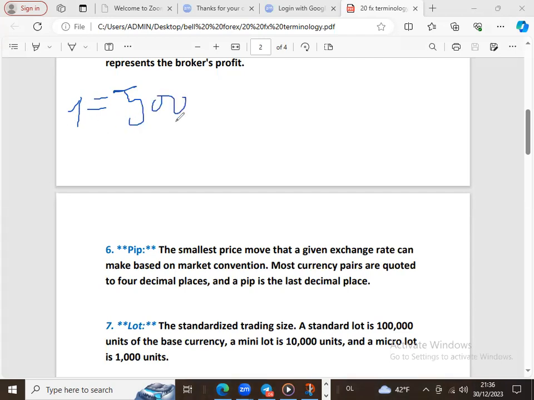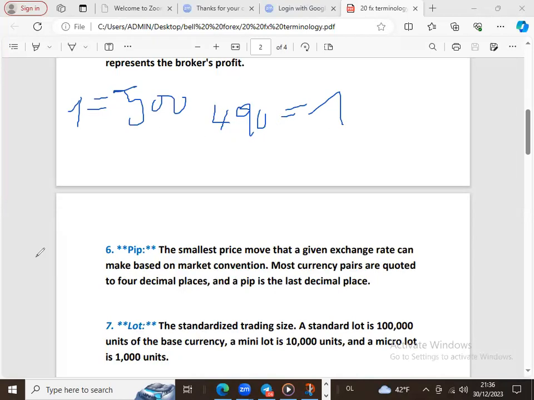If you come back to this very bank and tell them that you have 1 USD and you want to sell, they will tell you that they are going to buy it for, let's say, 490 francs. They can never buy and sell at the same price. So there must be a difference between the buying and the selling price. And that difference is what we call the spread, the cost of the trade.